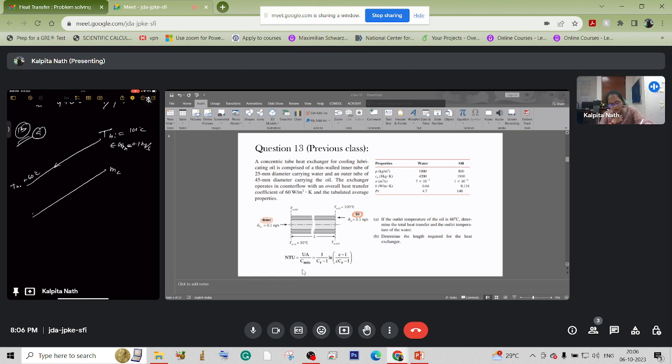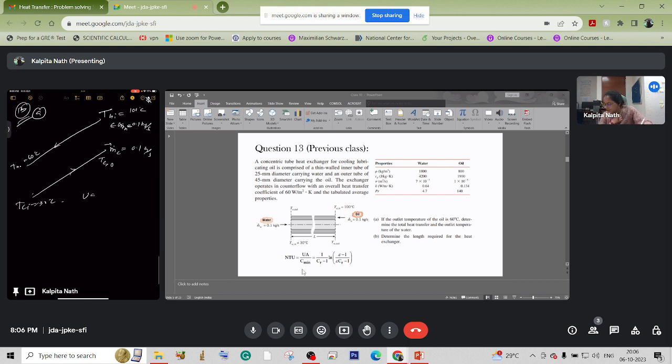The mass flow rate of cold fluid, this is counter flow, is also 0.1 kg per second. So this is the outlet, and this is the inlet of the cold fluid, 30 degrees Celsius. U is given as 60 watt per meter square Kelvin, and dia is 25 mm.